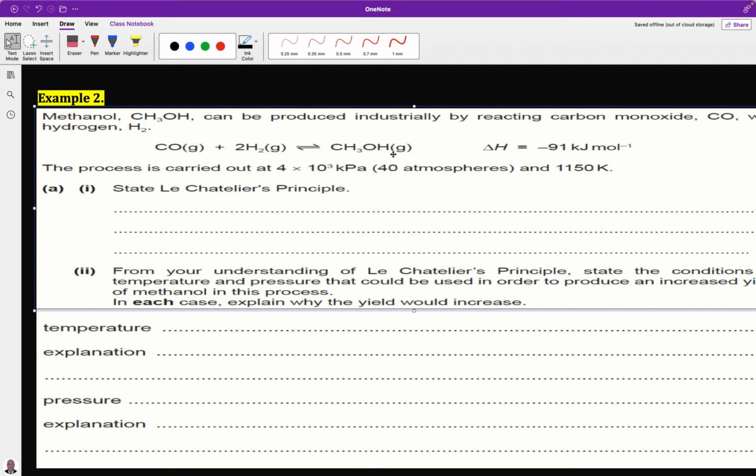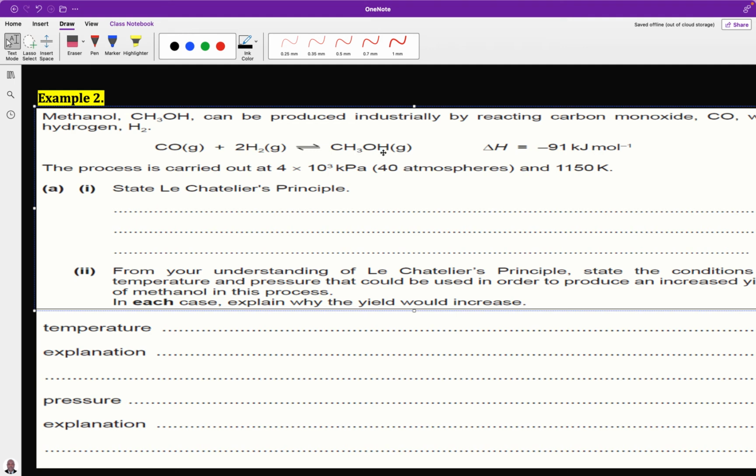Once more, at high pressure, the gaseous molecules will move to the direction of fewer gaseous molecules, reducing the pressure and favoring the production of more methanol.